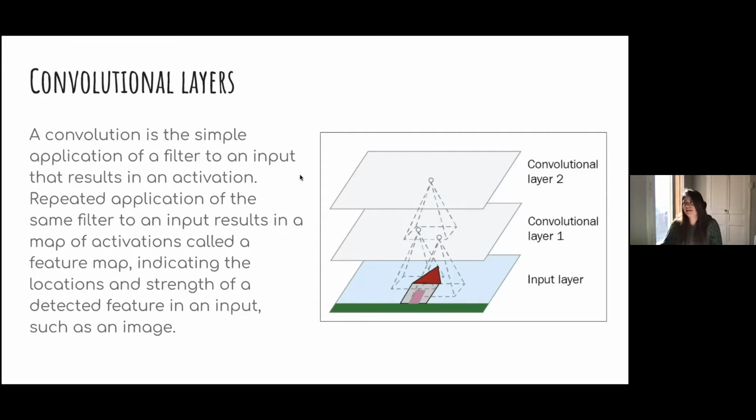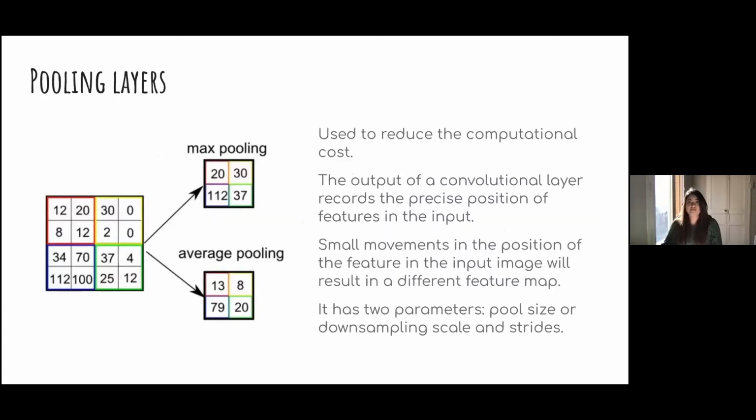The second part of the layer is called the pooling layer. Because we are working with a lot of data, we need to decrease the computational power needed to process it. This is the responsibility of the pooling layer. It is in charge of extracting the dominant features, not only the most important ones, the dominant ones.